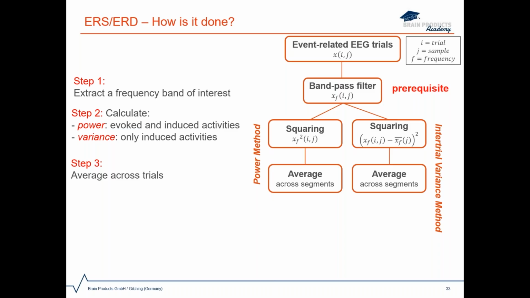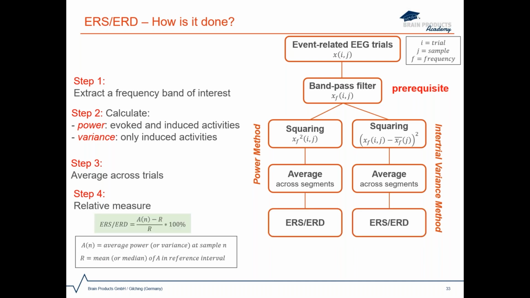So the relative aspect of ERS-ERD is still missing. To compute this relative measure, for example, in percentage, the formula below is used. First, the mean of the data points between the reference interval will be subtracted at every data point of the average power.